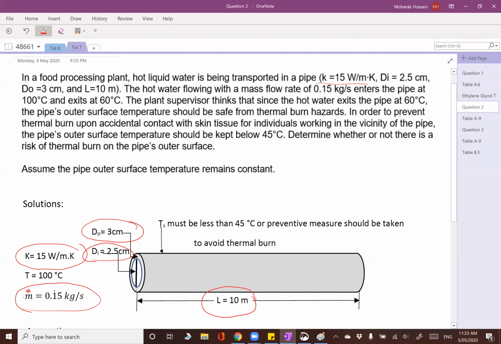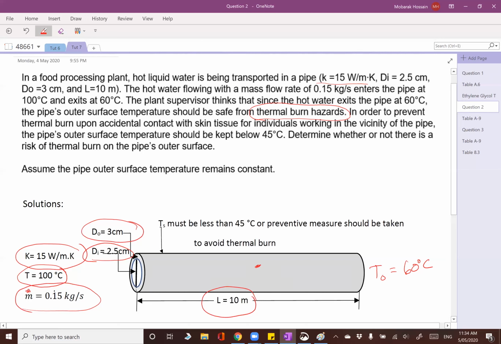The mass flow rate for hot water is given as 0.15 kg per second, the inlet temperature is 100 degrees centigrade, and the outlet temperature is 60 degrees Celsius. Now the plant supervisor thinks that since the hot water exits at 60 degrees Celsius, the pipe outer surface temperature should be safe from the thermal burn hazard.